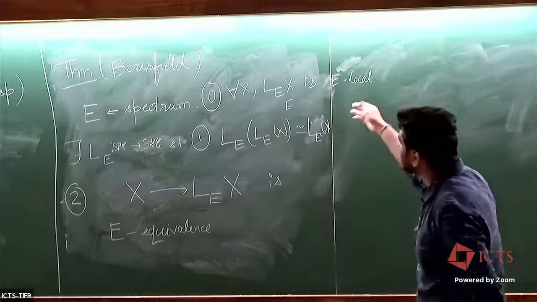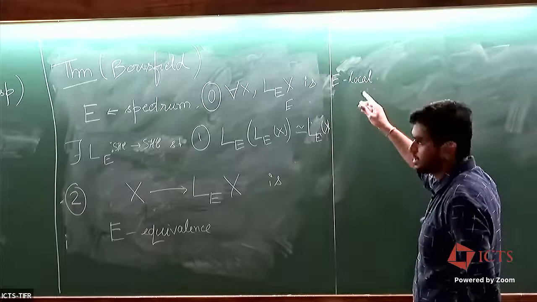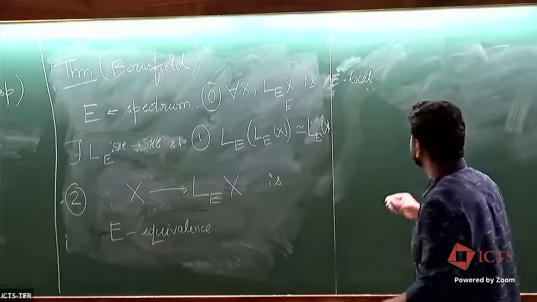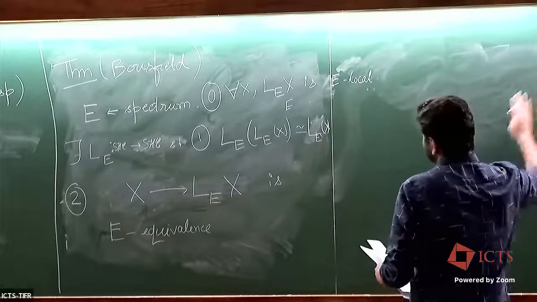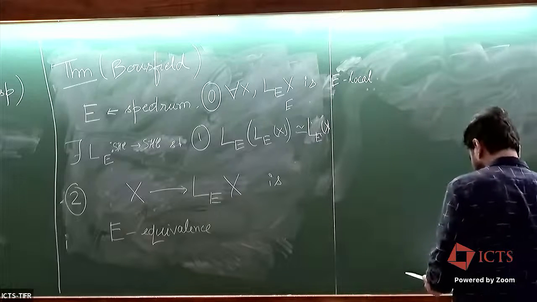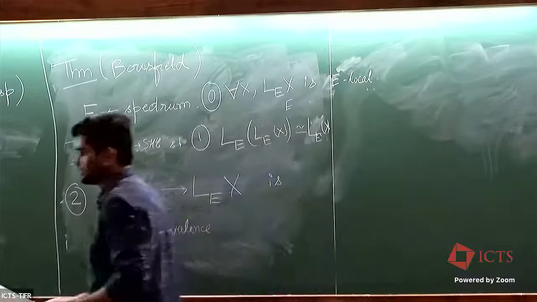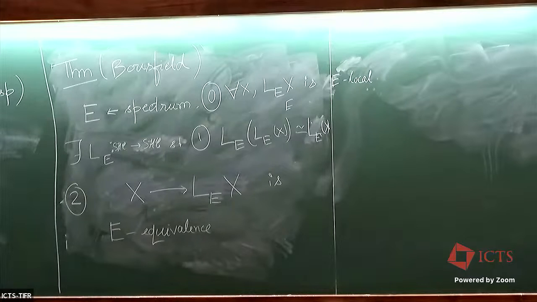So the first property is that the image lands in the E-local objects.